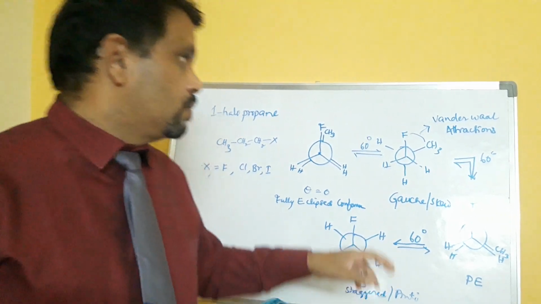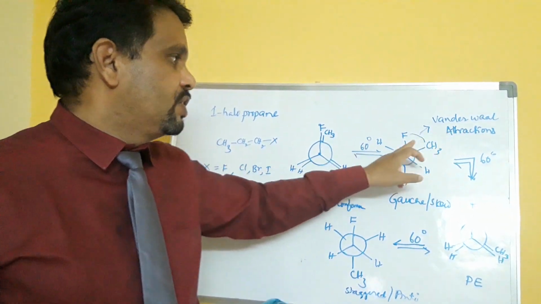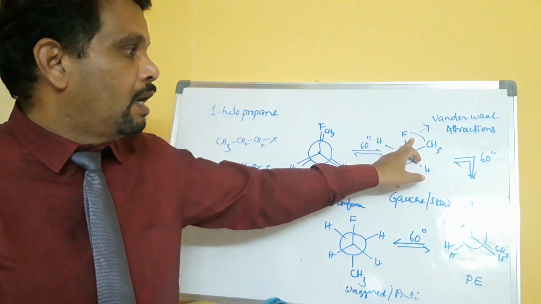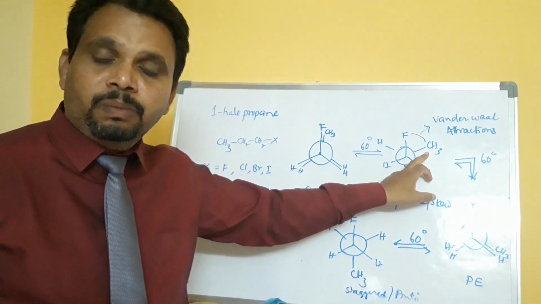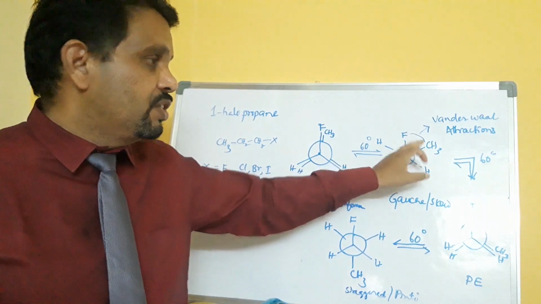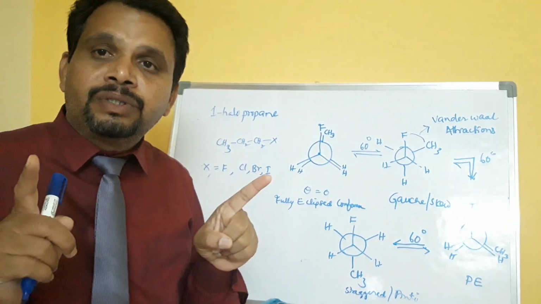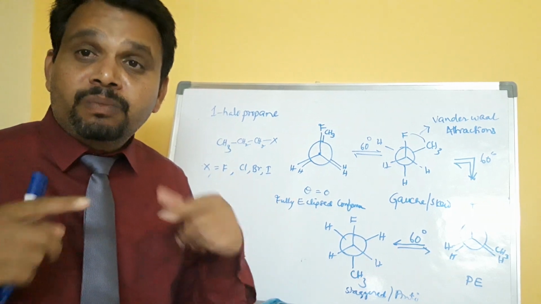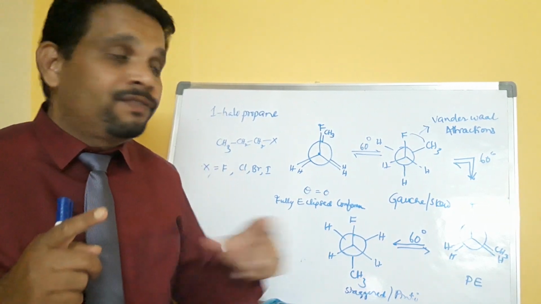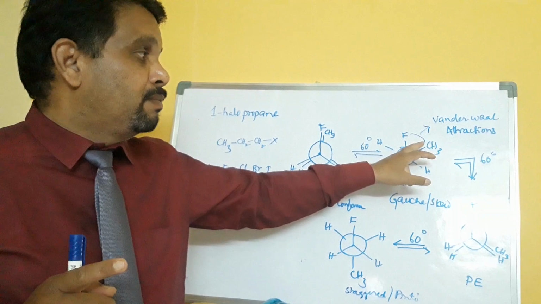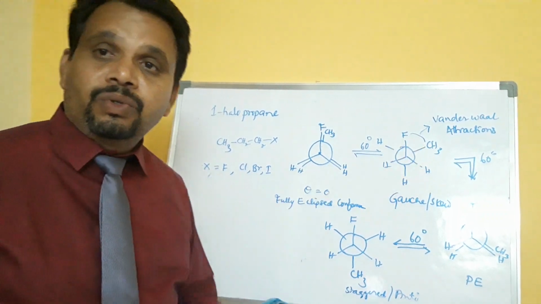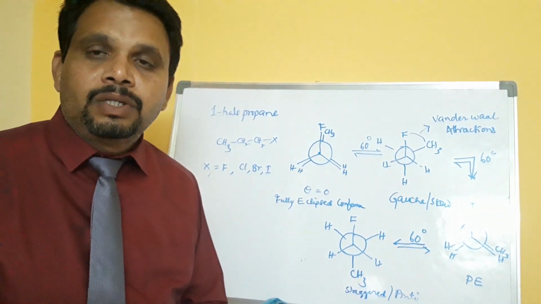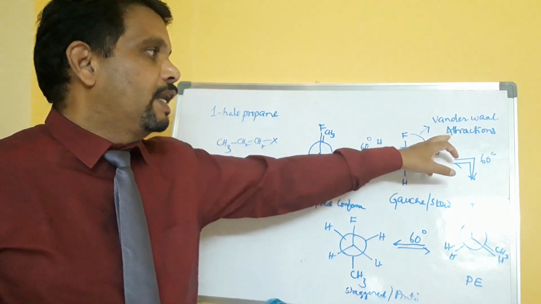So due to van der Waals attractions between this halogen and this CH3 group, because the distance between these two groups is more than the sum of the van der Waals radii of these two groups, therefore there is a van der Waals attraction.